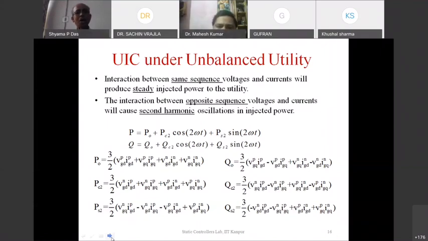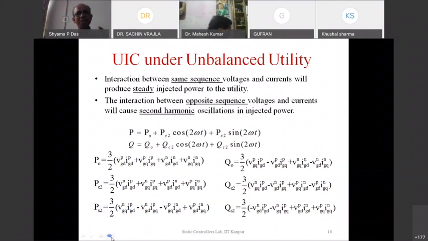Again, we should avoid power oscillation. Power oscillation will basically make the DC link unstable. In the DC link, we have a capacitor, we have the grid there. So if there is a power oscillation in the microgrid, the voltage will go on fluctuating. So the active oscillatory component, not the reactive oscillatory component, because the reactive power can be generated in the converter itself.